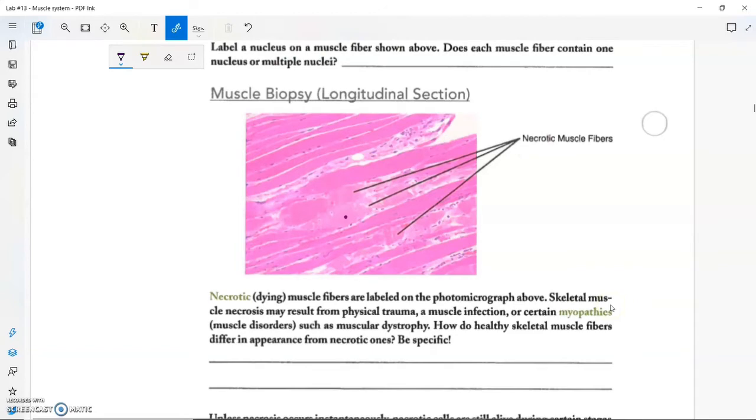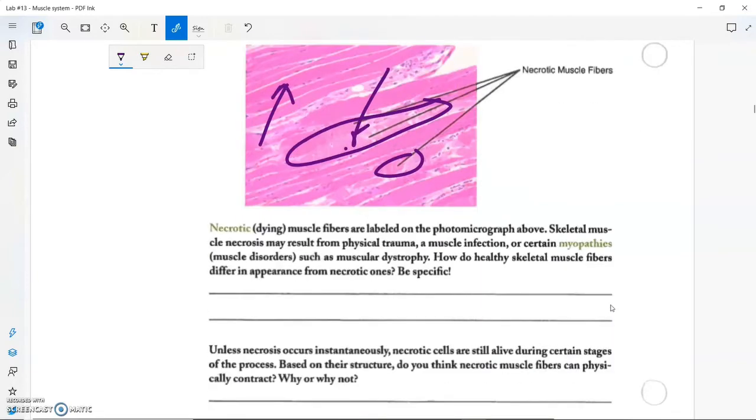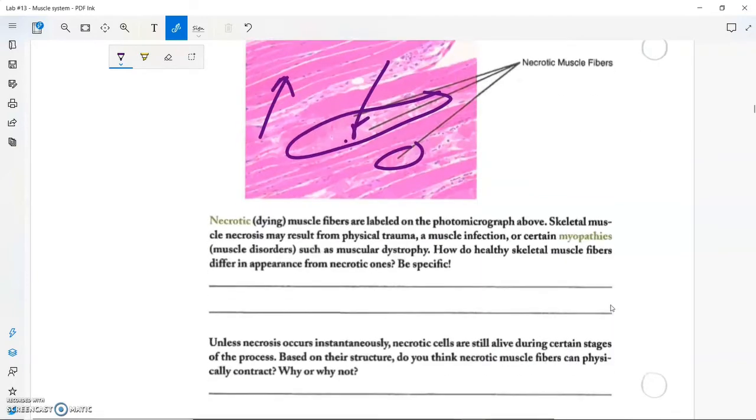Now here you can see some muscle fibers that are dying, necrotic muscle fibers. This can be due to infection, various muscle disorders, or trauma. The healthier skeletal muscles are brighter. They have more mitochondria. These are more pale. They are also straight.